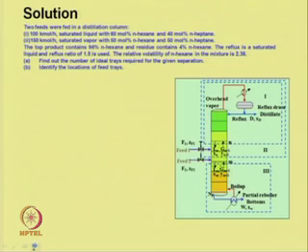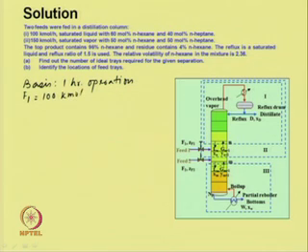Let us take a basis of 1 hour operation. So, F1 is given 100 kmol per hour and F2 is given which is 150 kmol per hour.